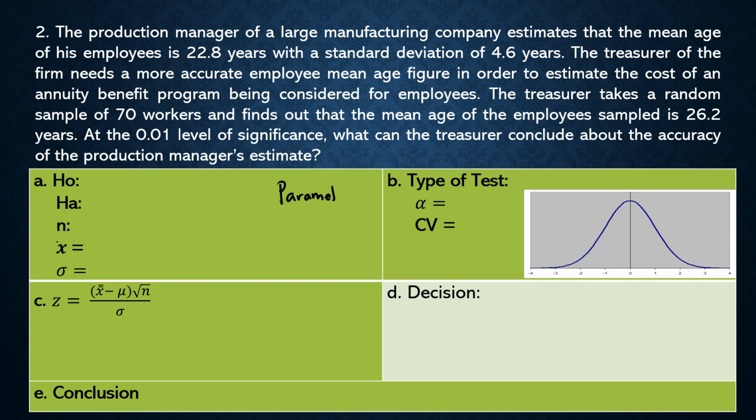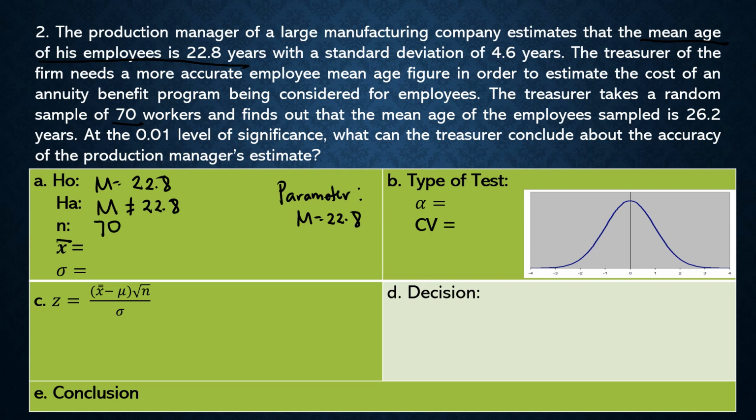For our parameter, we have mu because the mean age of his employees is 22.8 years. So we have mu equals 22.8. Now if we identify the null and alternative, it will be mu equals 22.8 and mu is not equal to 22.8. For the number of sample, it's written that we're dealing with 70 workers.